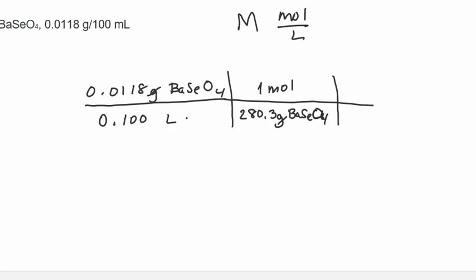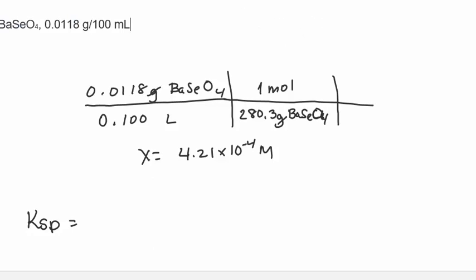Now that is not my answer. That is not the Ksp. The Ksp is what I'm looking for. What I just calculated was the value of my X. So now I'm going to look at this compound and how it would break up. So I have my barium and I have my selenate.